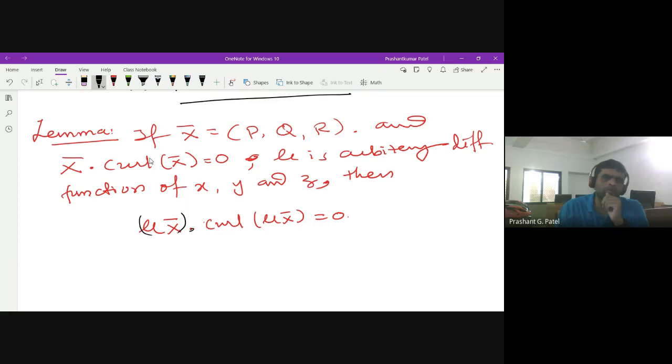This dot is nothing but the dot product between two vectors. Okay, so let us first of all see what is the curl of x bar.